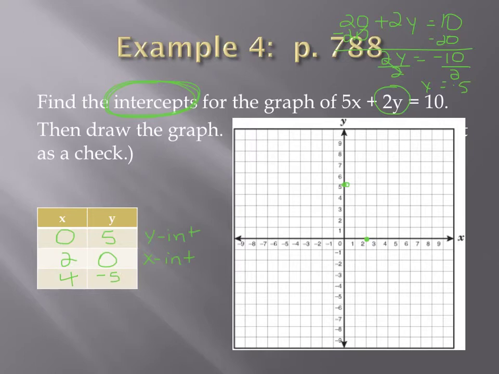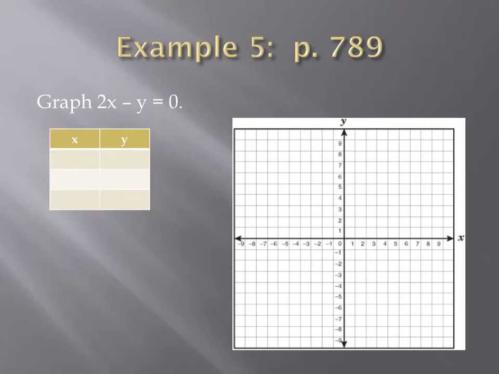So now I'm just going to graph the point 4, negative 5, and make sure that it lines up with those 2 points that I graphed. So connect those points, and that's the graph. The line 5x plus 2y equals 10.